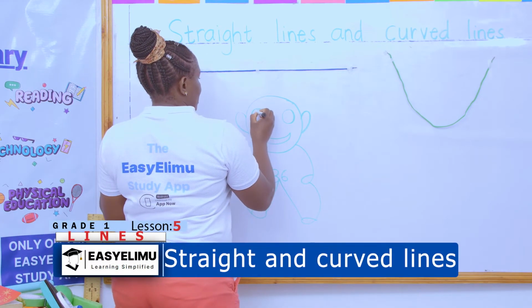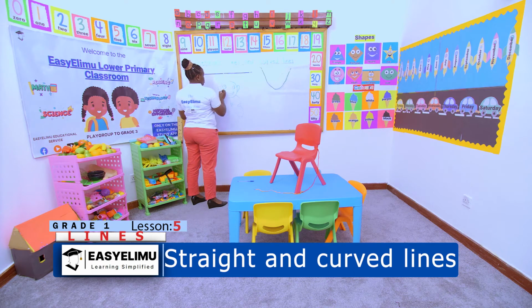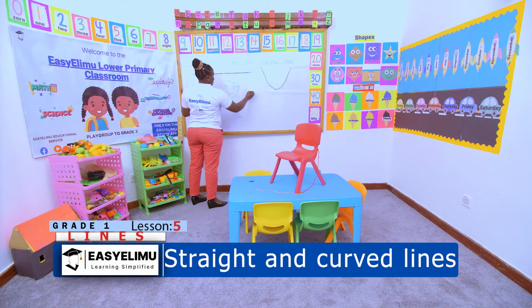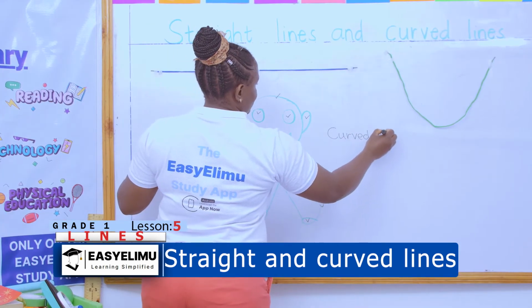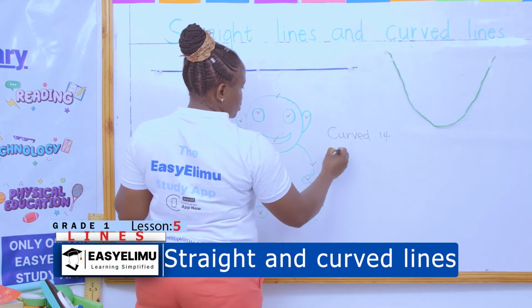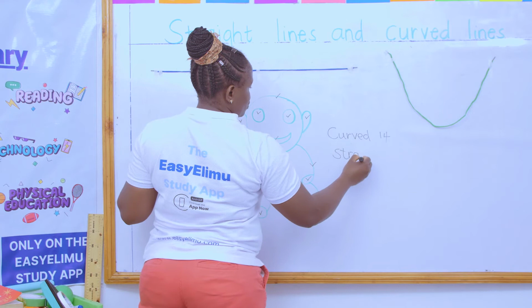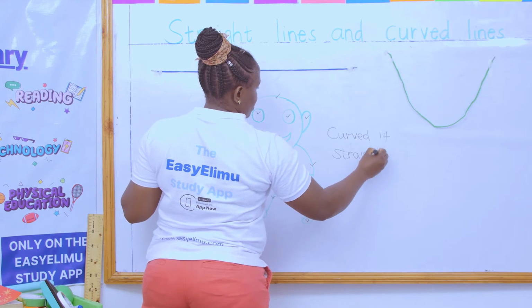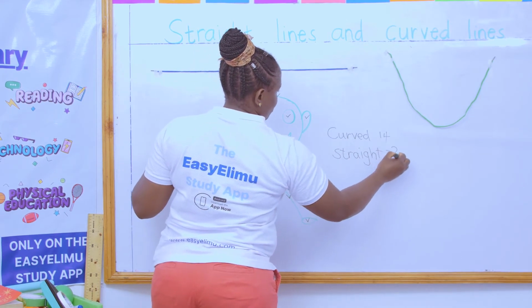This is curved line 1, 2, 3, 4, 5, 6, 7, 8, 9, 10, 11, 12, 13, 14. So the curved lines are 14. Let us see the straight lines. The straight lines are 1, 2. So the straight lines are 2. Very good.